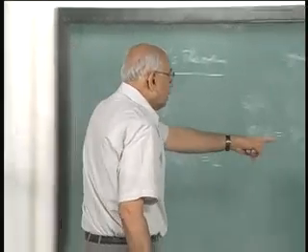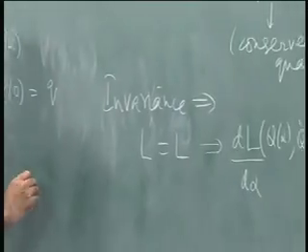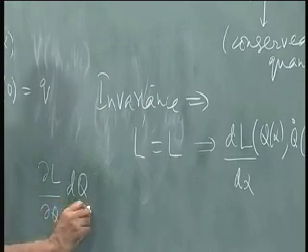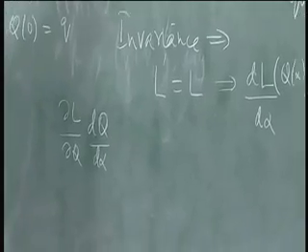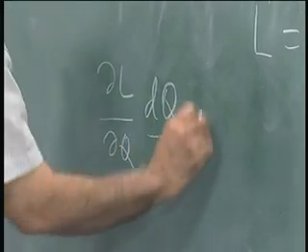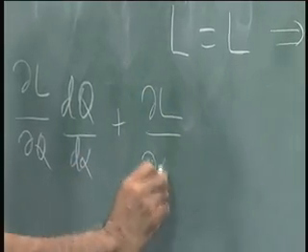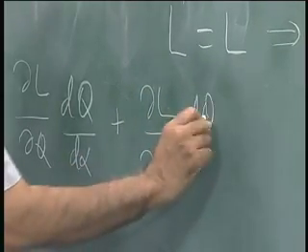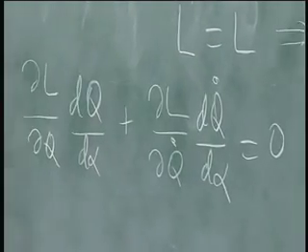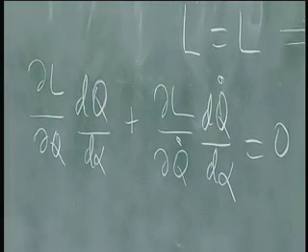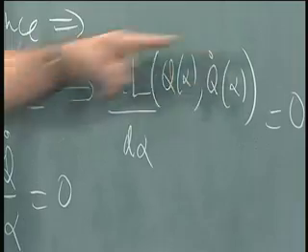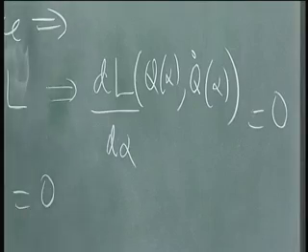But the consequence of this immediately says delta L over delta q dq over d alpha, because L depends on alpha through q of alpha, plus delta L over delta q dot dq dot over d alpha must be 0, because L is not directly a function of alpha, it depends on alpha through q of alpha and q dot of alpha, and this must be 0.